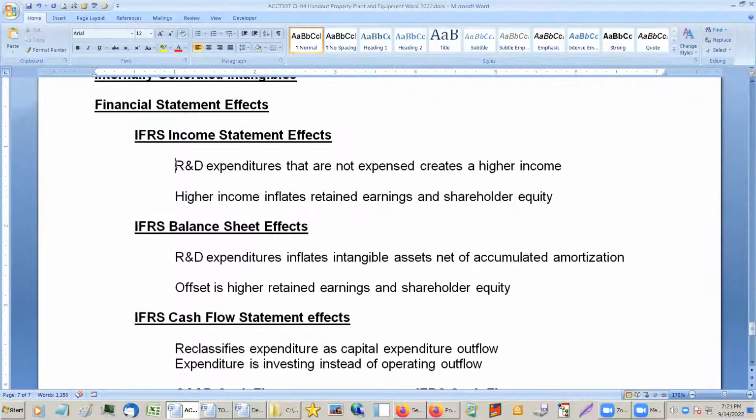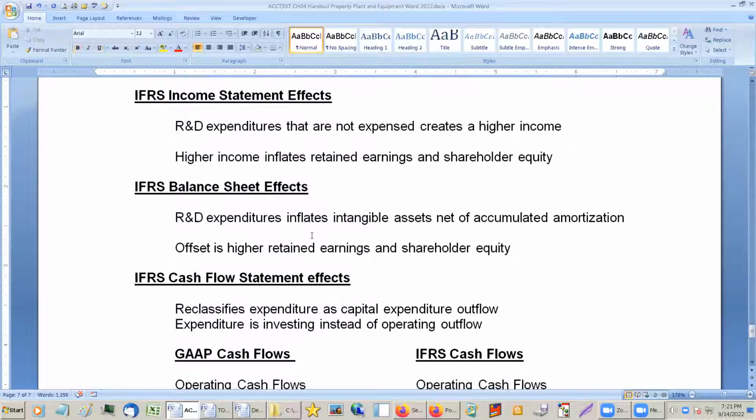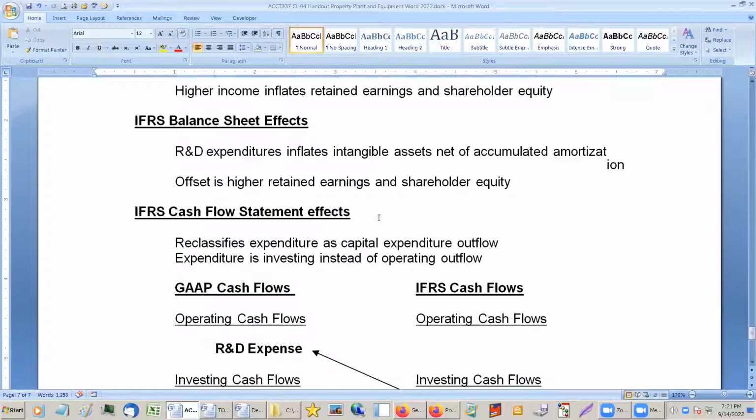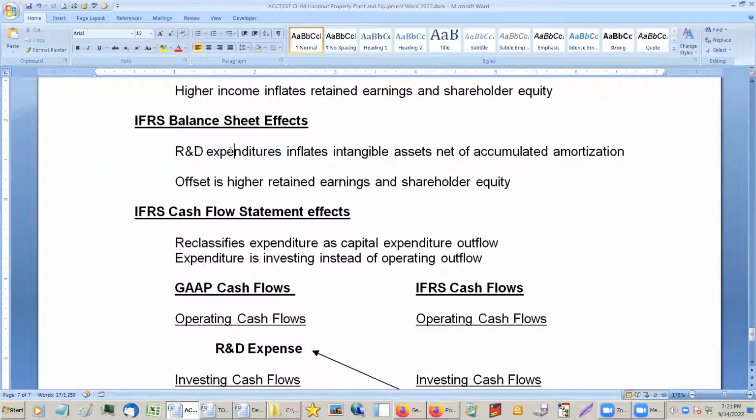Okay, so IFRS. They have higher income. And that also inflates the retained earnings and shareholders' equity. And yeah, we have to back that stuff out if you're bringing them over to the US ones. So, yeah, the balance sheet effect is that you actually have more assets.